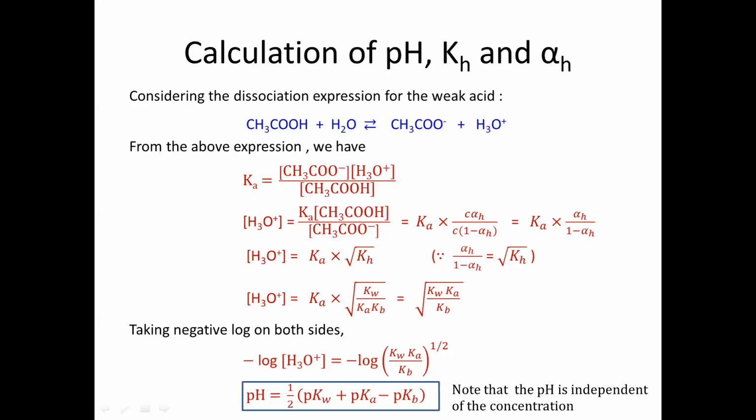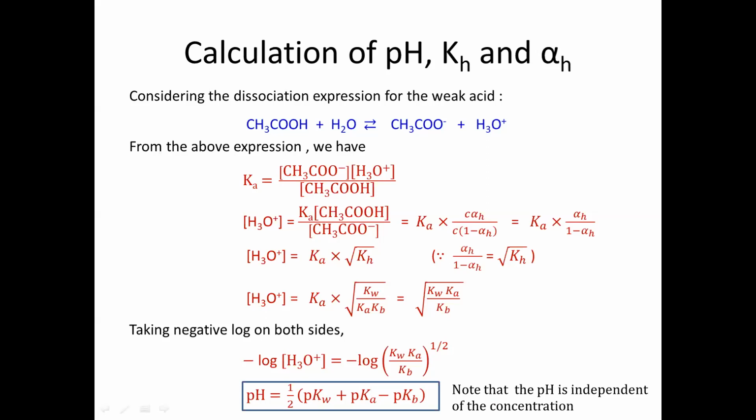Now in this expression, as compared to the earlier expressions for different salts, we see that the pH does not depend on the initial concentration of the salt used. It only depends on pKa and pKb. In case pKa and pKb are equal, for example in the case of ammonium acetate, pH will be equal to half of pKw, that is 7.